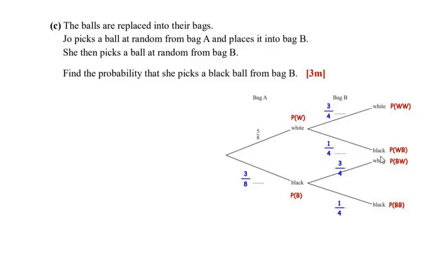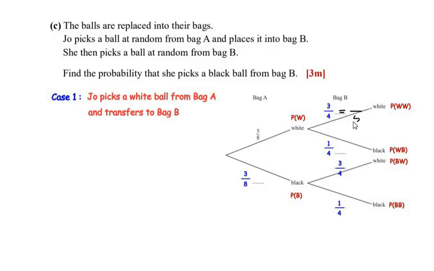So there can be two cases over here. The first case is Joe picks a white ball from bag A and then she transfers it into bag B. So now, in this case, the total number of balls in bag B are going to change. So instead of 4 total balls, we are going to get 5 total balls. So here we are going to write 5 instead of 4.